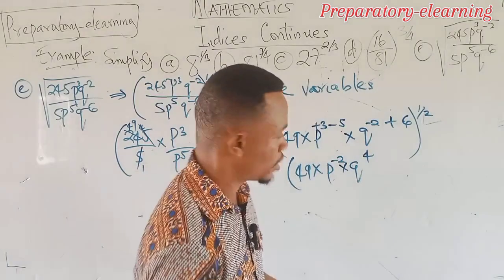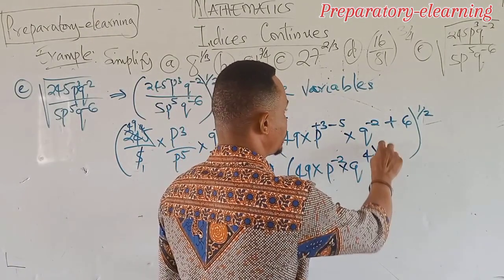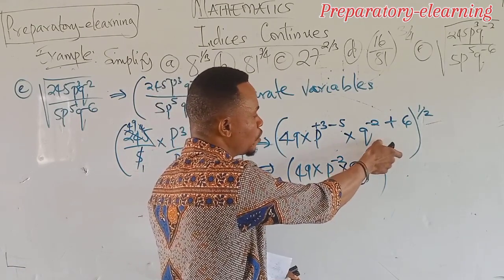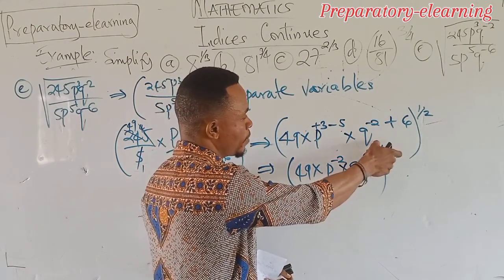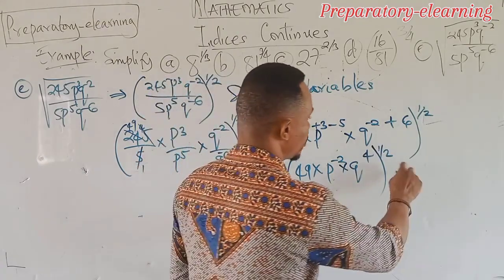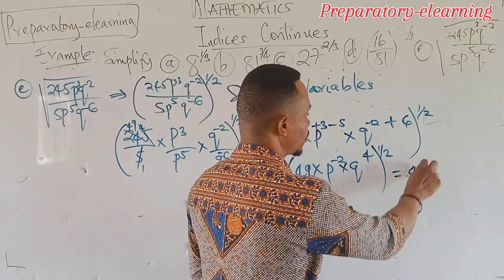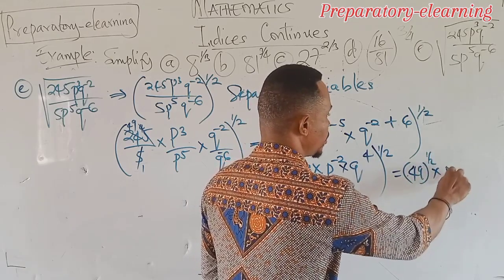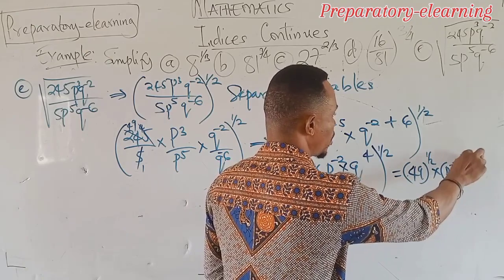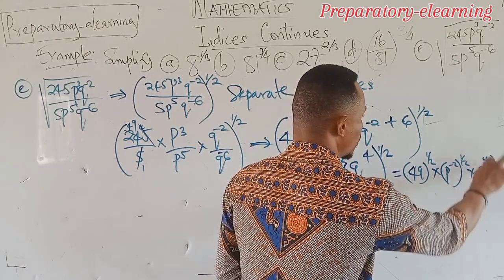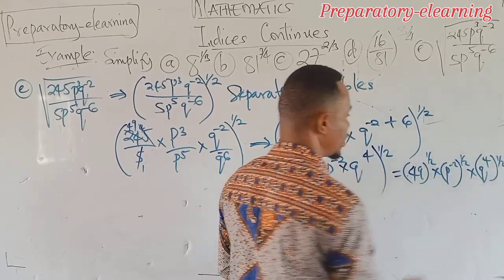We proceed. We should bring in power 1 over 2. Now, let us bring back this power 1 over 2 on each of these. This power here distributes evenly on what you have here. So this is going to be 49 into power 1 over 2 times p power minus 2 into power 1 over 2 times q power 4 into power 1 over 2.